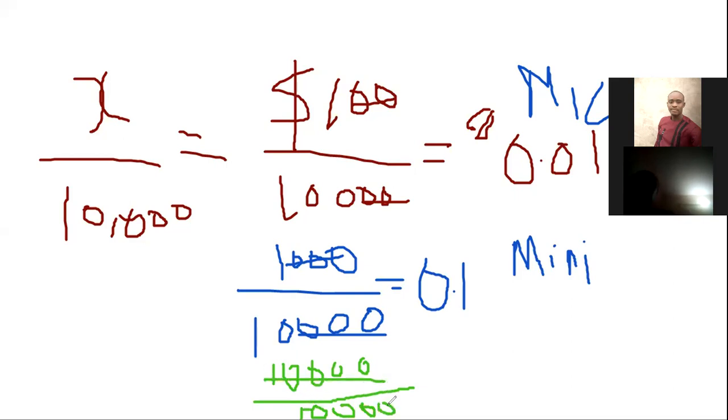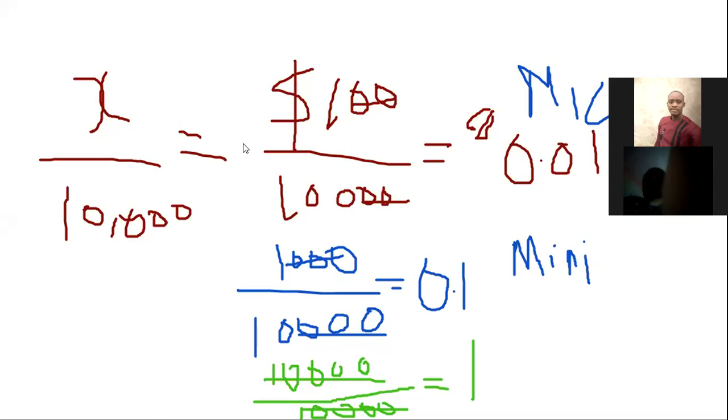Zeros cancel zeros, so this gives me 1. So this is what? A standard lot size. Please just give me a minute.